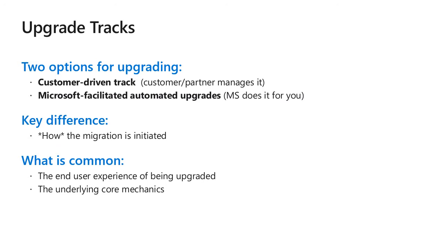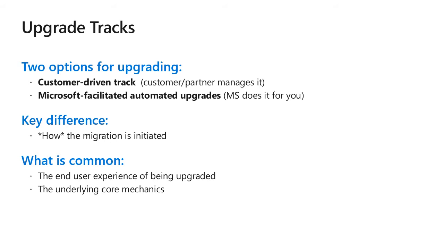Now, as we look at the upgrade itself from an IT perspective, there's really two options that we have from an upgrade track. There's the customer-driven track where the customer decides that they are ready to go to Teams. They determine the time frame and all the goodness that's around that, and then the customer and/or the partner actually turns the levers and pulls the nerd knobs that allow the upgrade to happen.